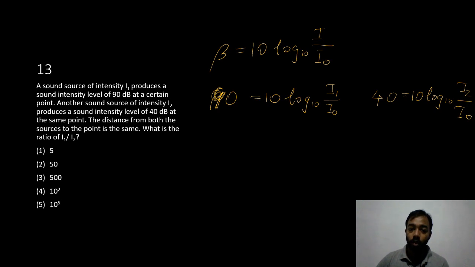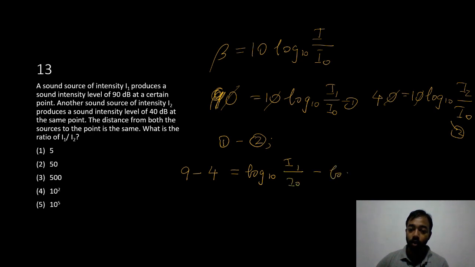So this is equation number 1 and this is equation number 2, so you can just subtract equation number 2 from equation number 1. If you simplify, the 0 and 0 cancel, so you can write 9 minus 4 is equal to log10 of I1 over I0 minus log10 of I2 over I0.